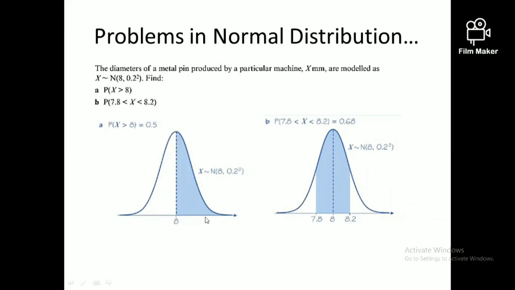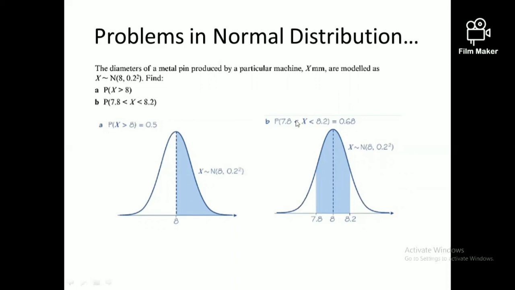We know that this is more than mu, more than the mean, and that it's a symmetrical shape about the mean value. So these two areas are similar. We know that the total area is 1, therefore this should be half of 1, so this area would be 0.5. So you can say the probability of X greater than 8 is 0.5, right?